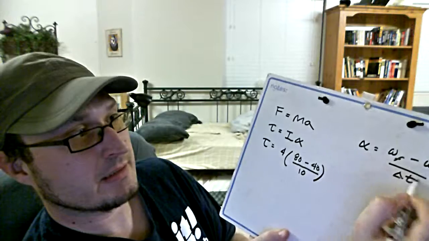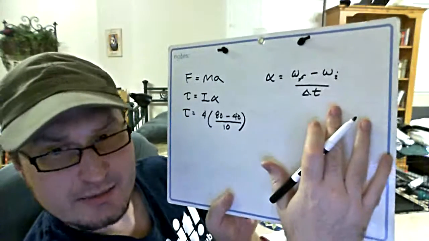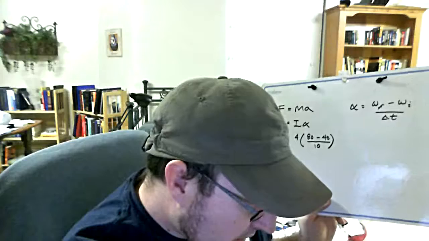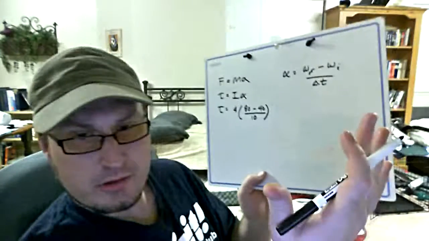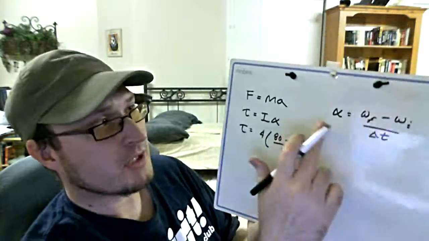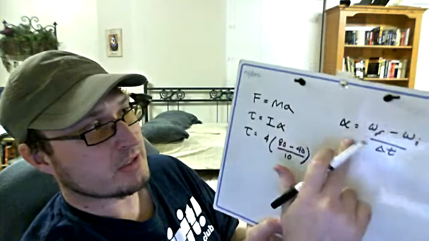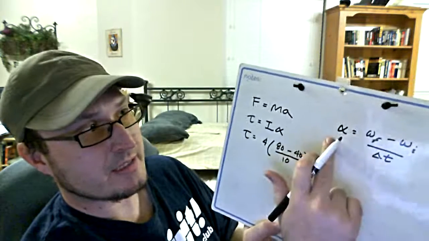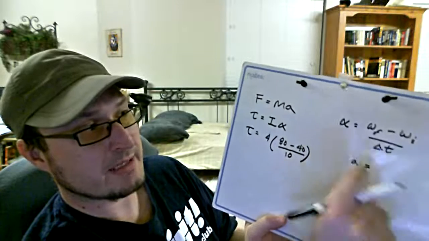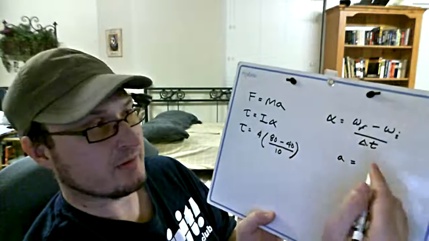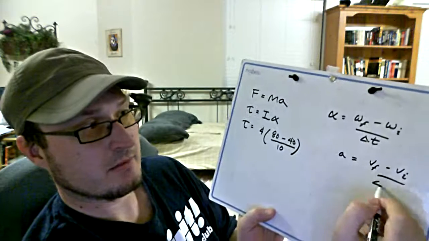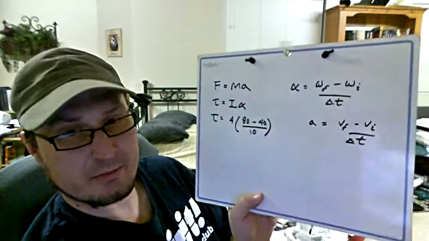That's for a constant angular acceleration, which makes sense since it says it's a constant torque. So for constant angular acceleration, this is just the same as a velocity or an acceleration. It also has a translational equivalent, right? Over delta t. That should be really familiar.